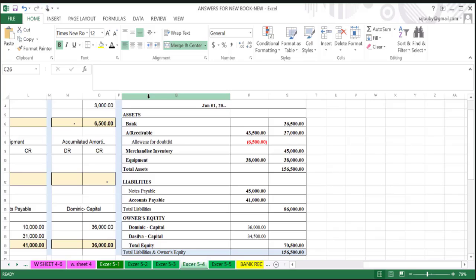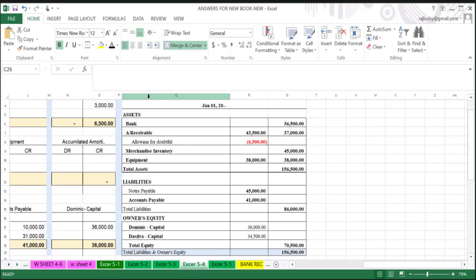Capital deficiency: a capital deficiency may be caused by recurring net losses, excessive drawings, or from losses on realization during liquidation.